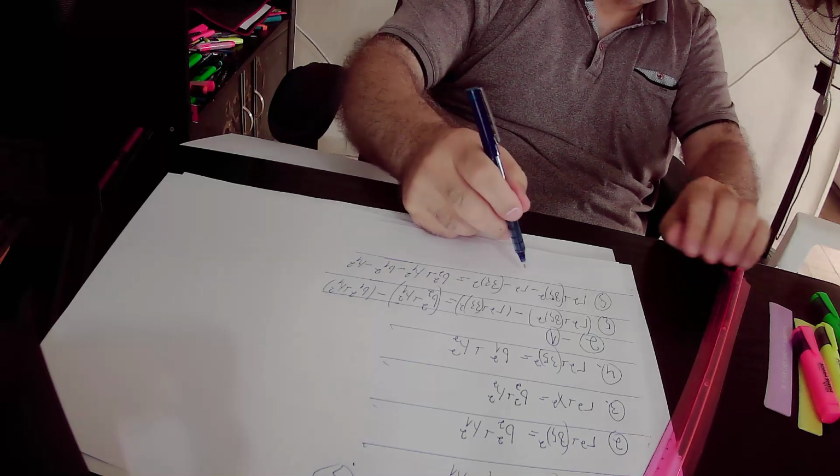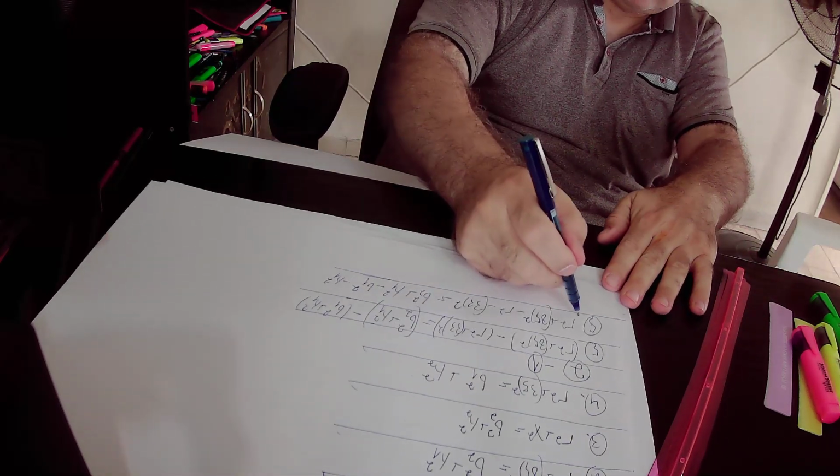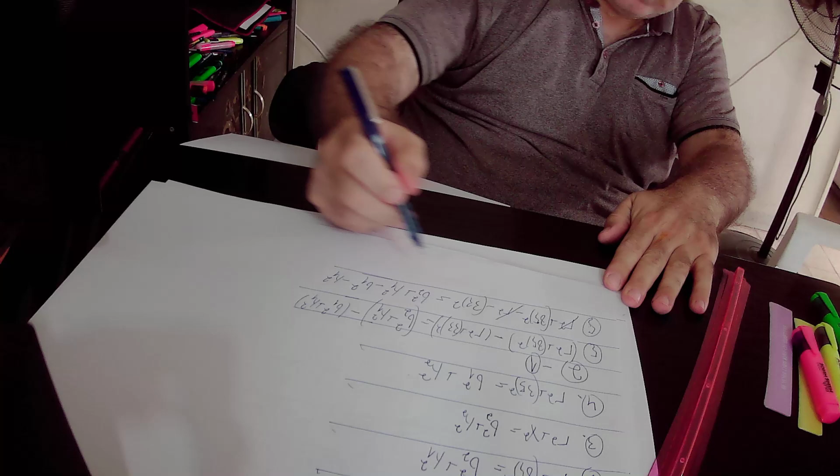Here R square minus R square is 0, so R square gets cancelled.